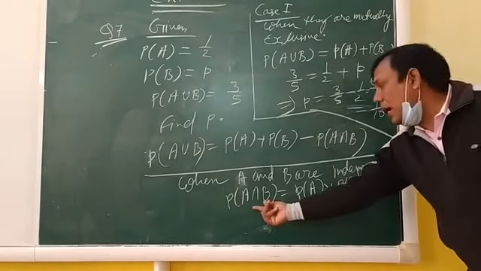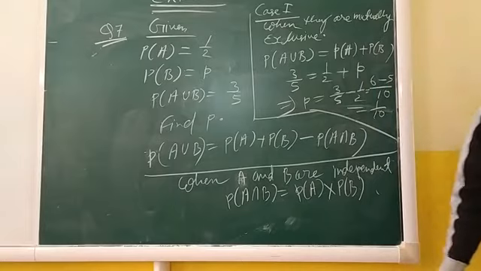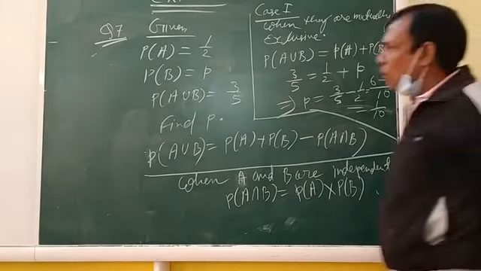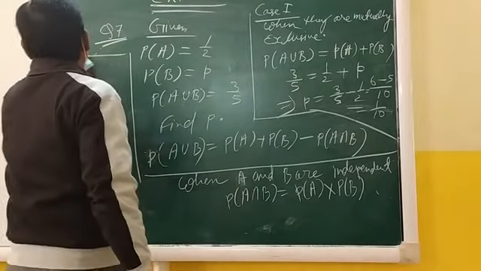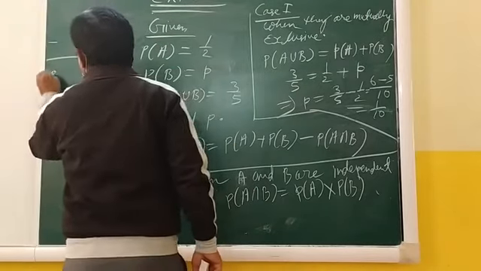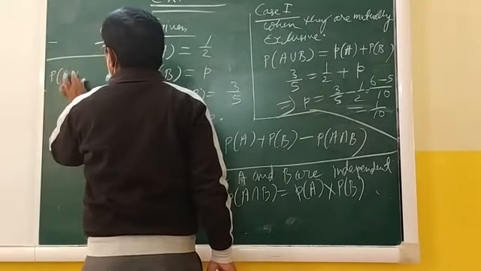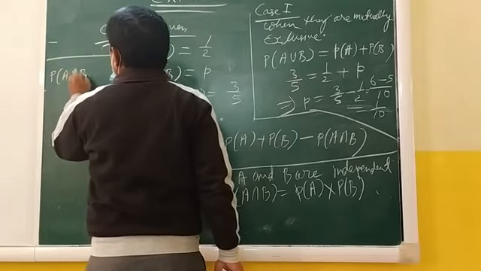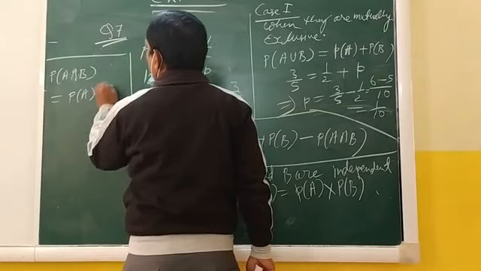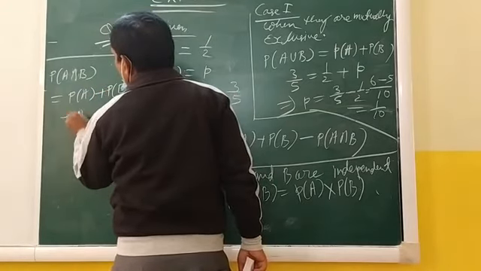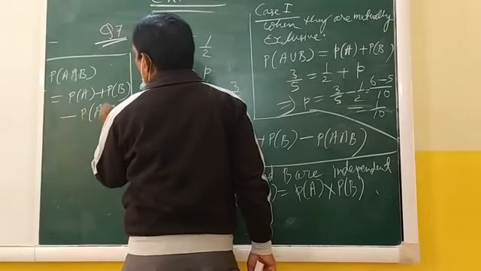But here we have to put the value of P(A intersection B). Let us see how you will find it. So here I am writing P(A intersection B) equal to P(A) plus P(B) minus P(A union B).